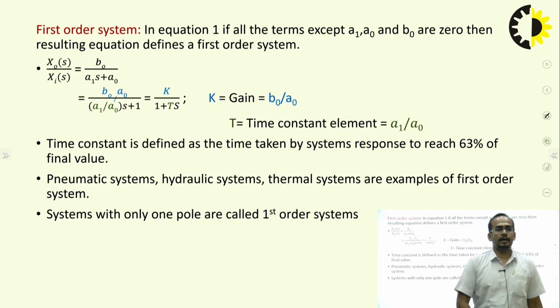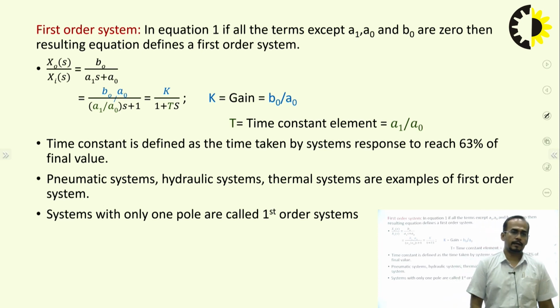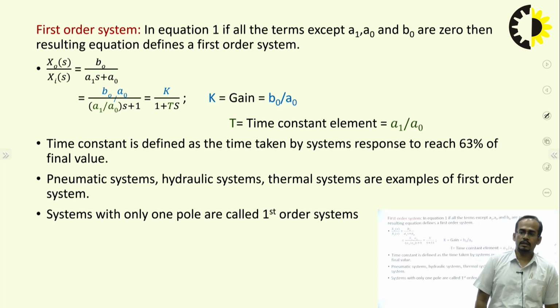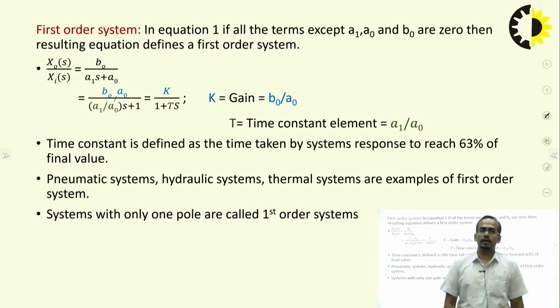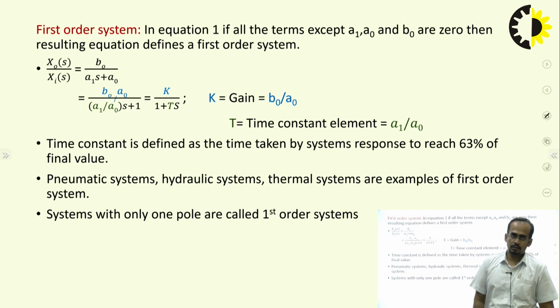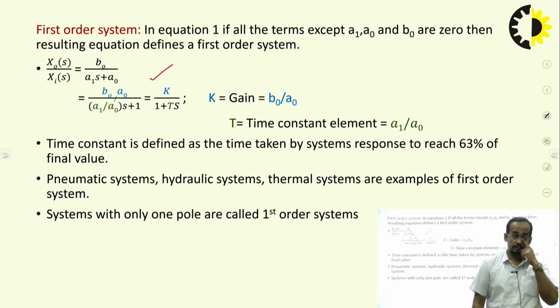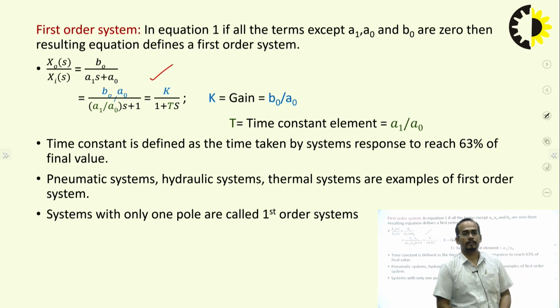Now, coming to the first order system. In the denominator, only the s coefficient will be there. So you can write the transfer function of the first order system X0(s) upon Xi(s) is equal to b0 upon a1 s plus a0.